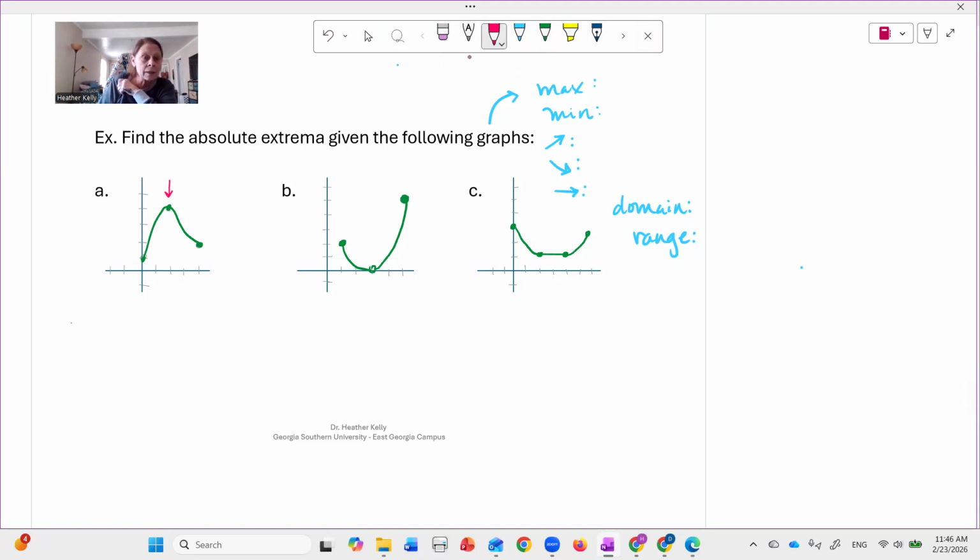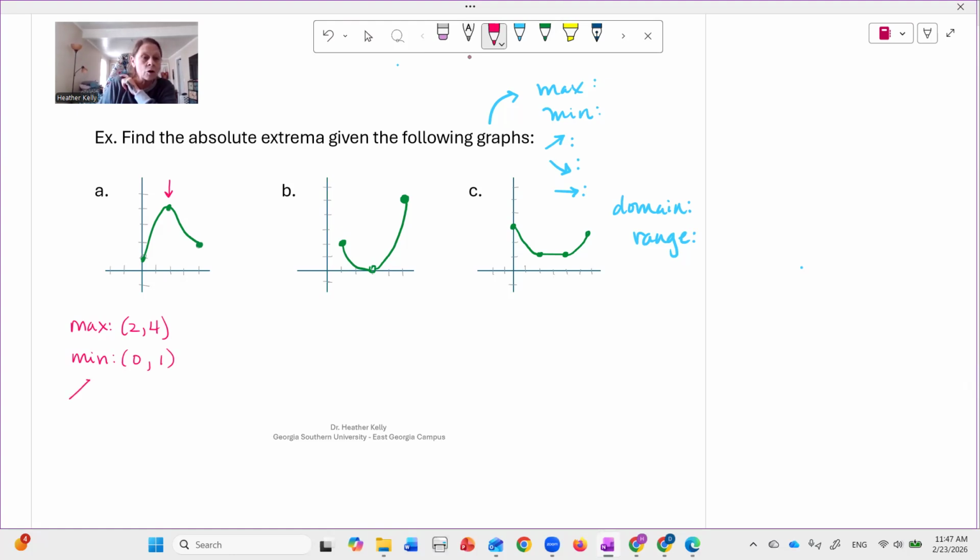So my max here is (2, 4). What is the min? Well, that's something we need to discuss. Is this guy the minimum value, or is this guy the minimum value? Well, the point on the left has the smaller y value, therefore it is the min. So that is going to be (0, 1).